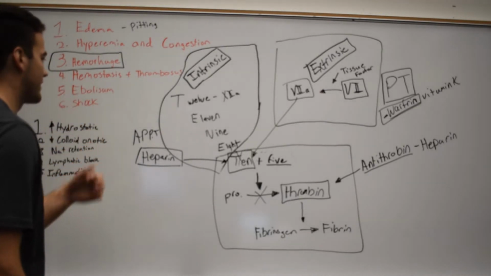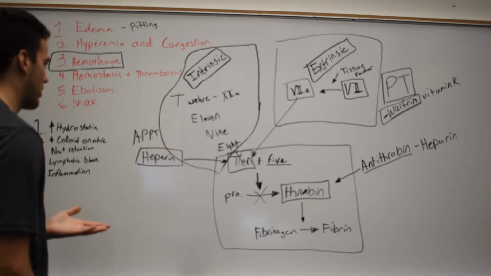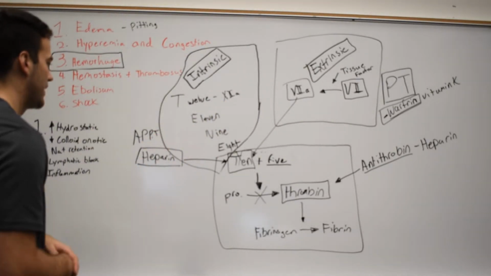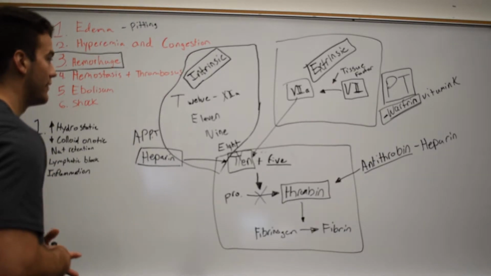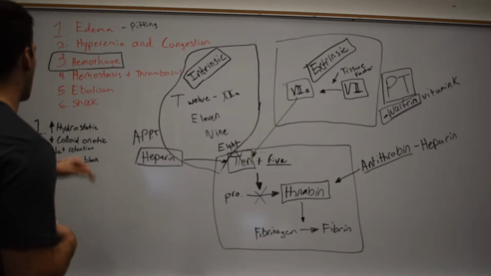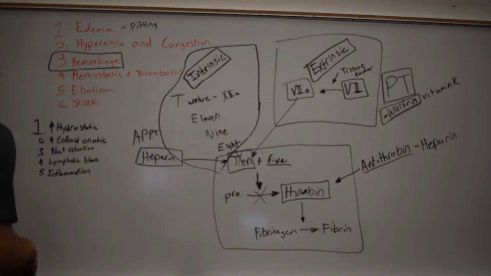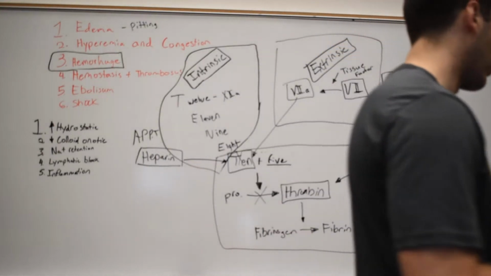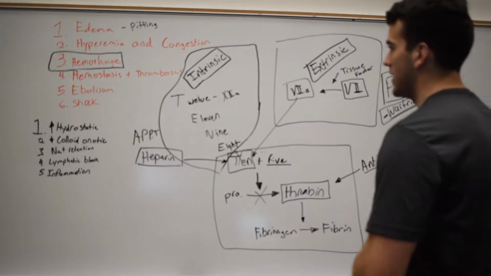It's also the basis of activated partial thromboplastin time and prothrombin time. It's the time that we need to make a thrombus. But this can also go awry and become pathological if we are forming thrombuses and clotting our blood at inappropriate times or in inappropriate areas in the body.